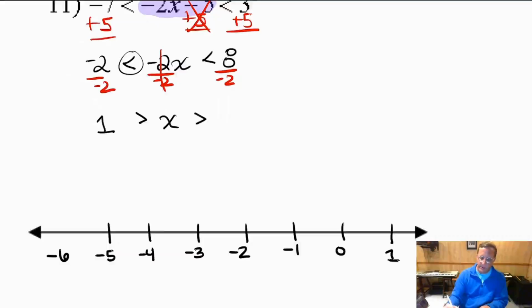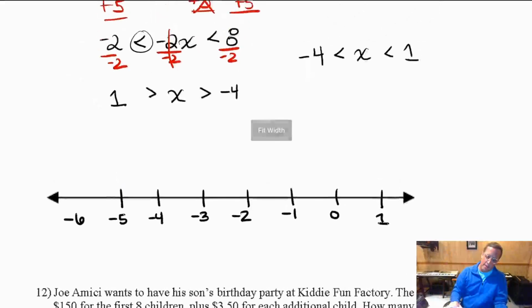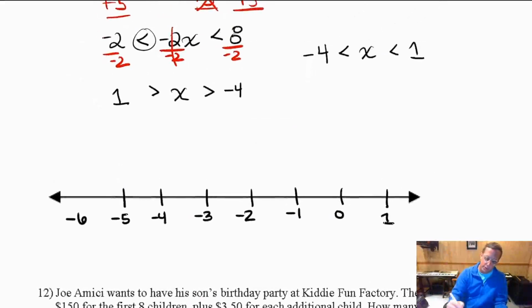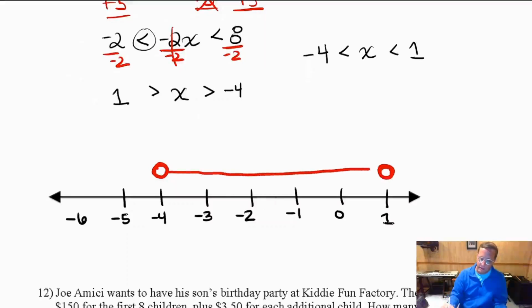Flip to greater than negative 4. And now, since we flipped the sign, everything's backwards. So let's turn this inequality around. Let's put negative 4 on the left: negative 4 is less than x, which is less than 1. There you go. And then we're going to do an open point at negative 4 and an open point at 1, and you're going to fill in that vector right there.